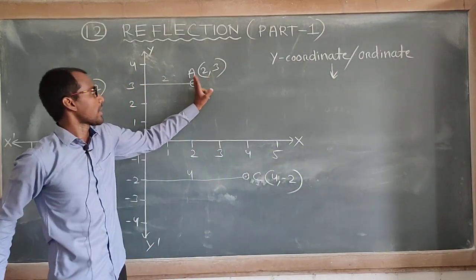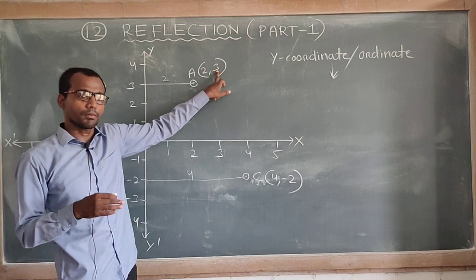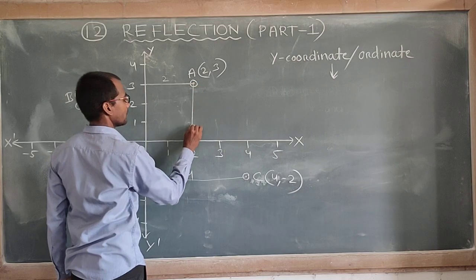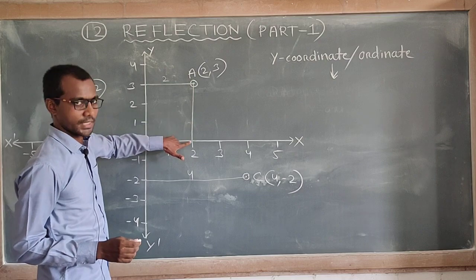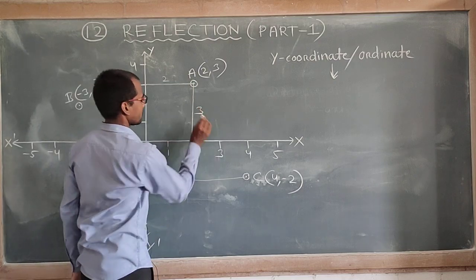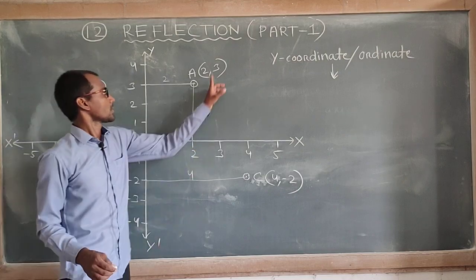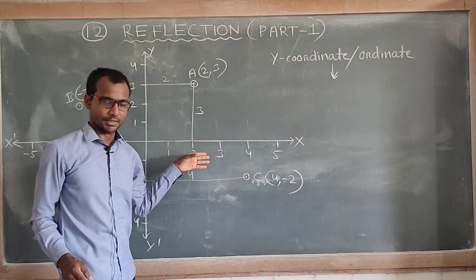See, what is the y coordinate of A? 3. What is the distance of A from the x axis? Let us see. This is the distance of point A from the x axis, which is 3 units. You can see 3. So the y coordinate means the distance of the point from the x axis.